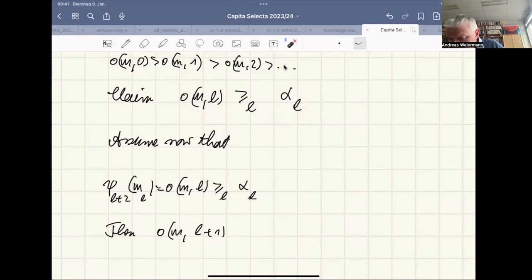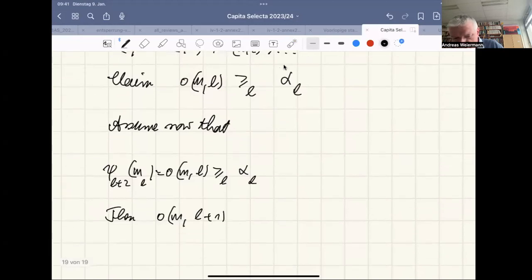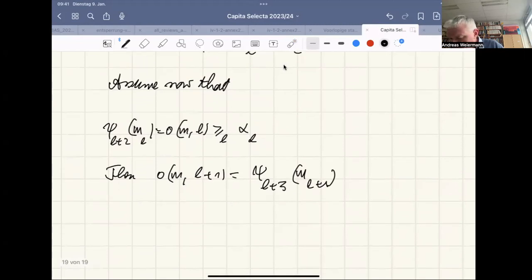Well, let's just have a look. How does it calculate? So this is psi L plus 3 of ML plus 1. Now, assume that ML is different from 0.